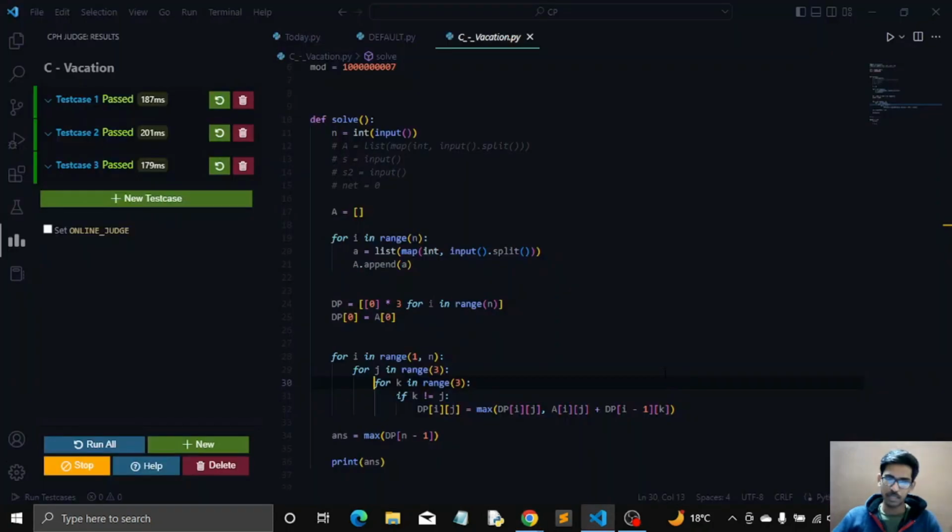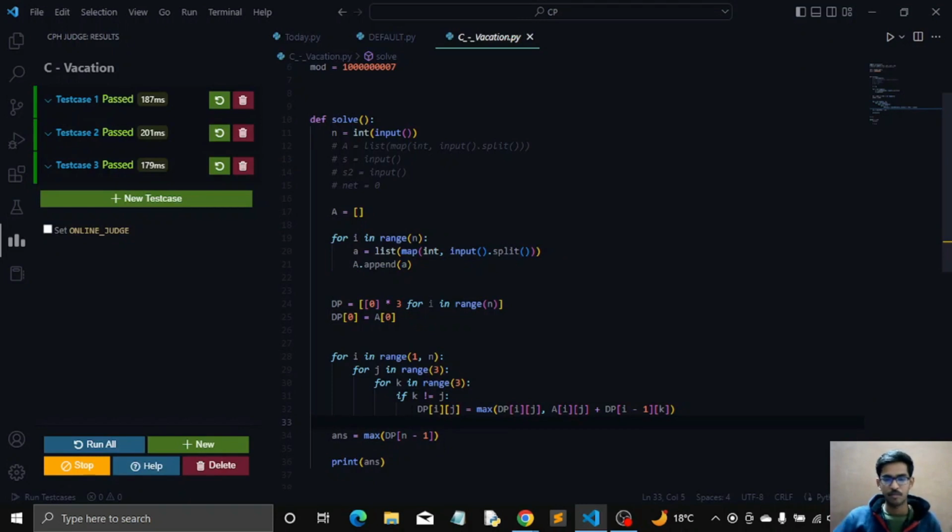So this DP table is keeping track of the maximum points till a particular day. So like this we are going to fill our DP table, and at the end our answer will be the maximum value in the last row of our DP table, and we are going to print that.